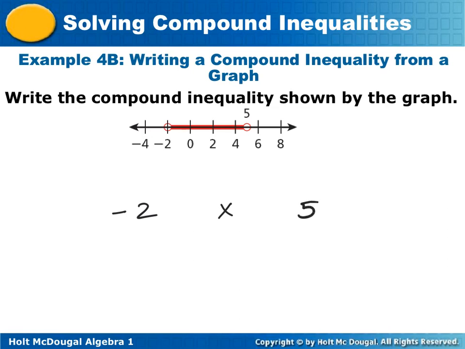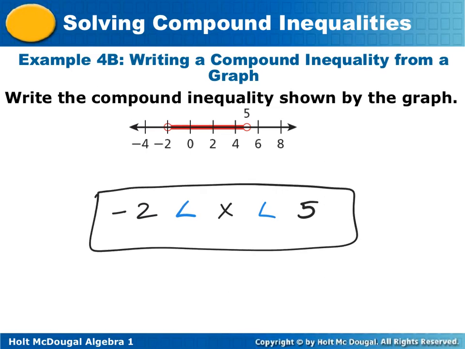Okay? Now, this is easy enough, right? Y'all can look at this and probably figure out which way the signs go, correct? You know that -2 is going to be the smallest, so x has got to be bigger than that. But then x has to be smaller than 5, okay? But if you had a brain fart, let me talk you through how you could have figured this out.